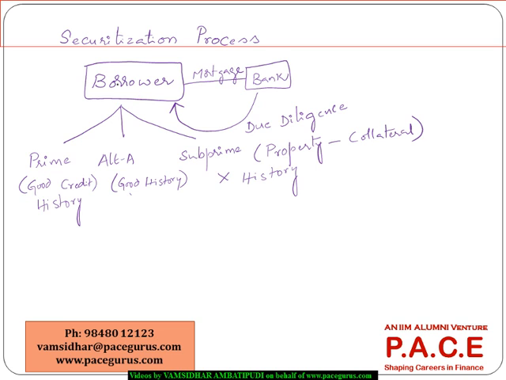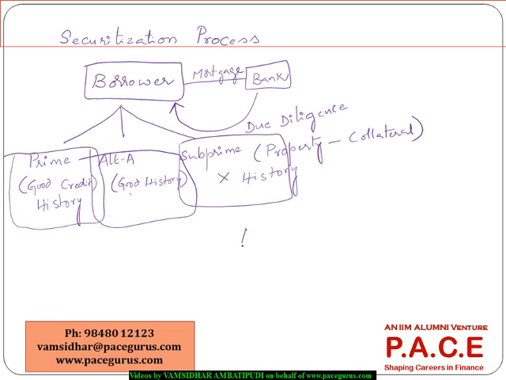And typically, in any securitization process, as we understand, all these loans become assets to the bank. Now, what the bank or any lending institution can do is sell a significant portion of them, because they are assets.